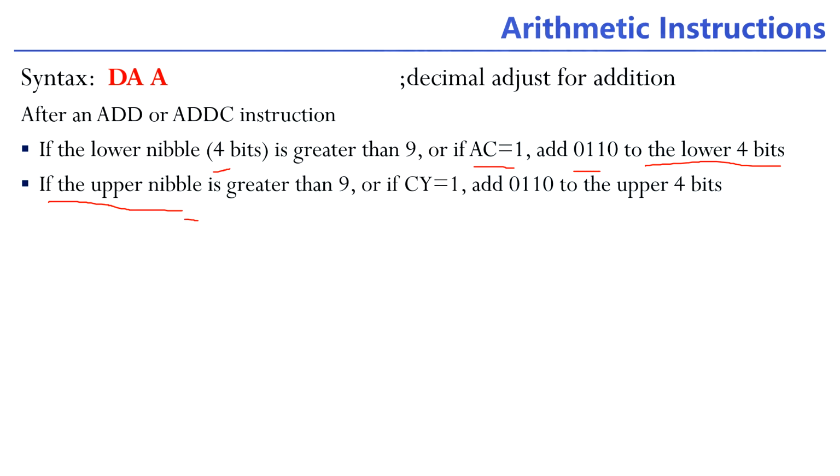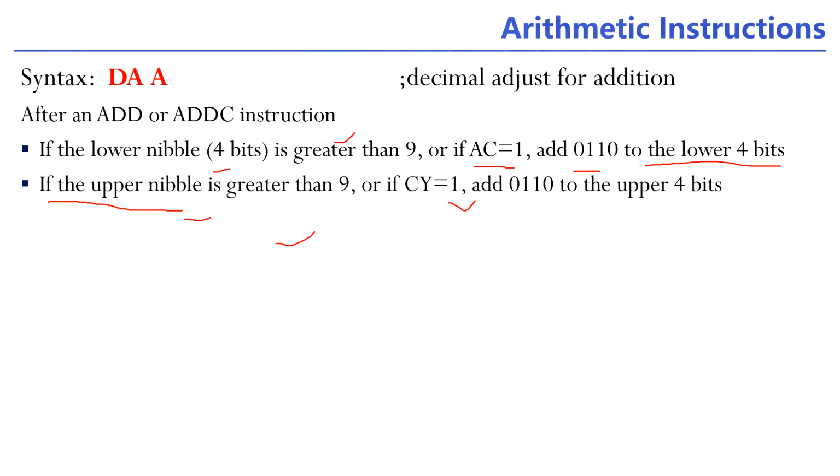The second condition is if the upper nibble is greater than 9, or carry is 1, then add 0110 to the upper 4 bits.